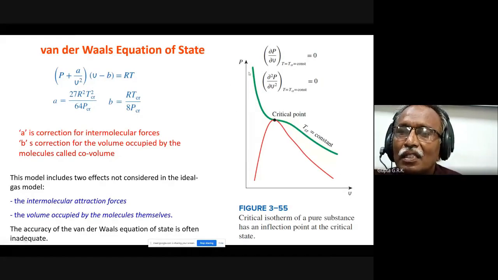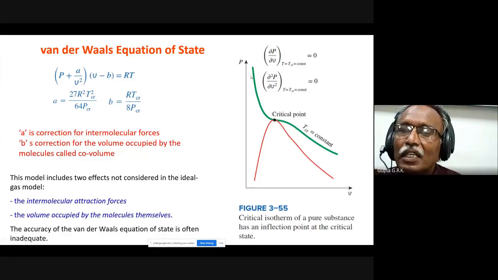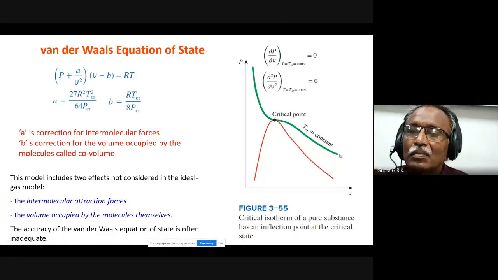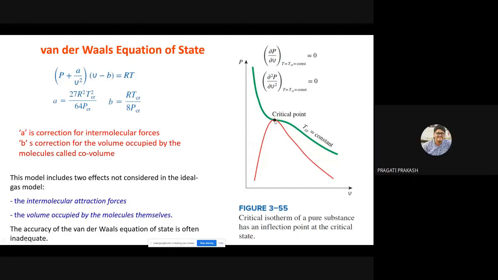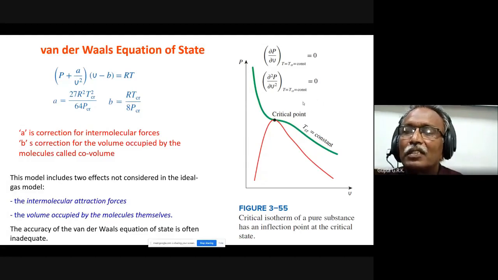And again, at a still higher temperature, it comes down like this and like this. As it goes up, at the critical point, it will be a single line like this. This is called the critical isotherm, and this is the point of inflection where the slope changes its sign. This is called the inflection point.